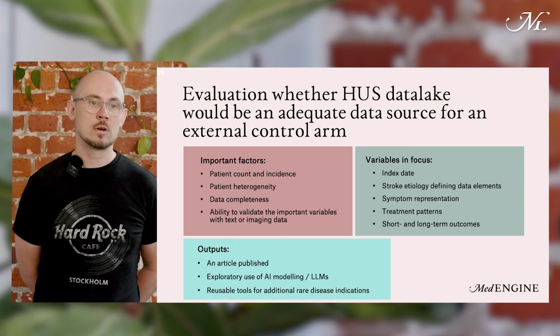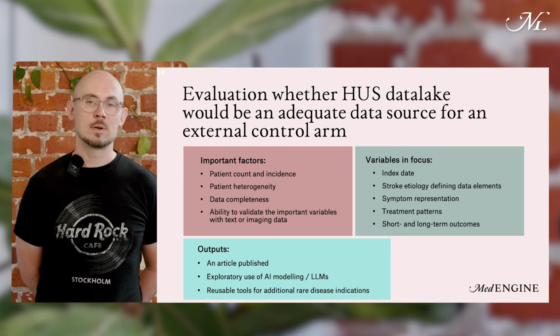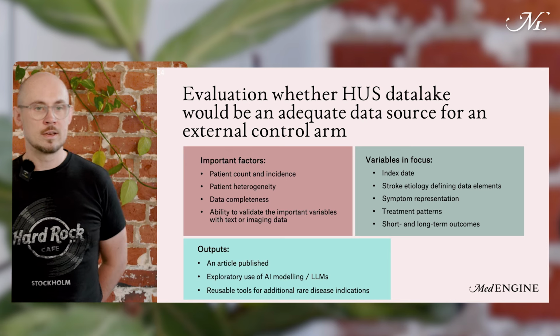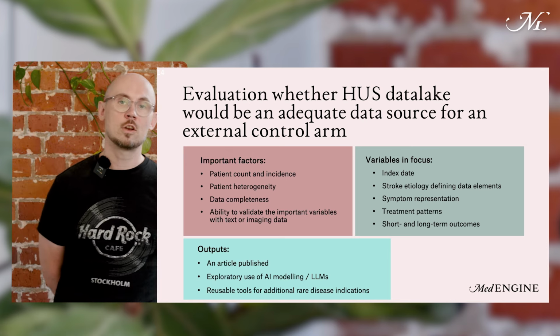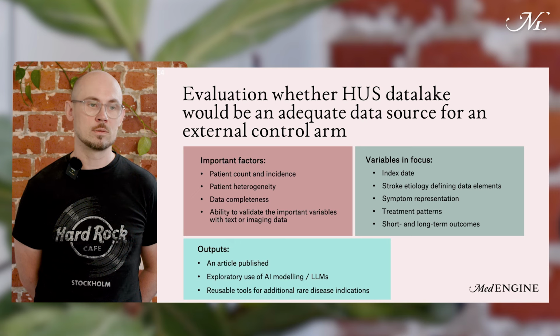We focused on specific variables like index date, which can be really difficult to define in this case as well. What are the data elements that define the etiology of the stroke? What are the symptoms? What is the symptom representation, and also the different treatment patterns in the population, and of course the outcomes.